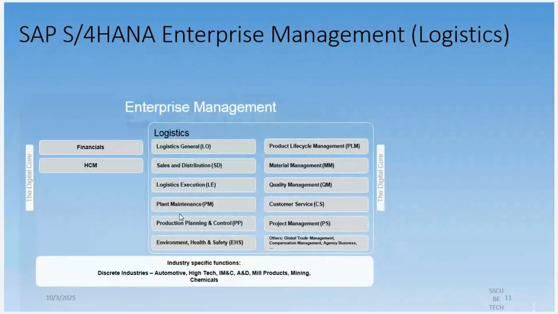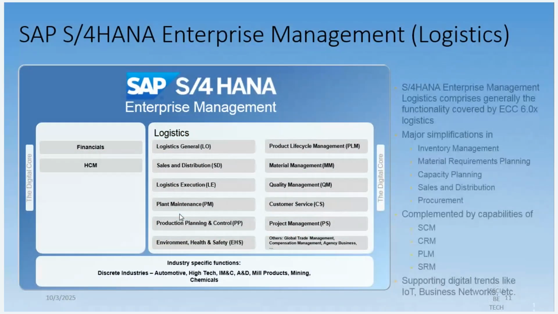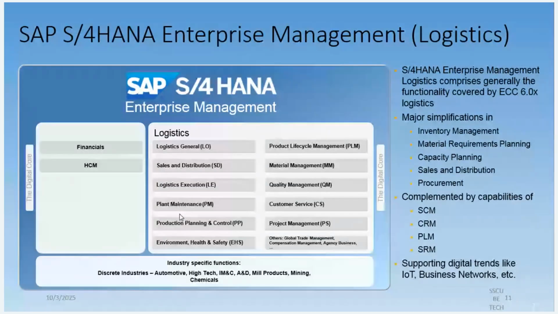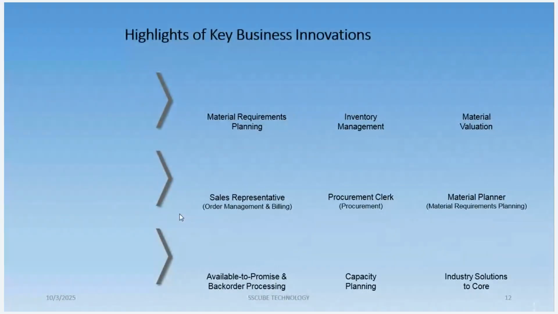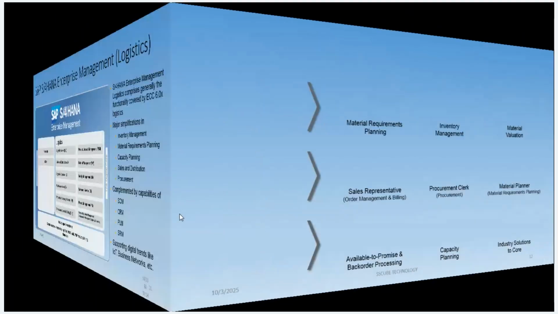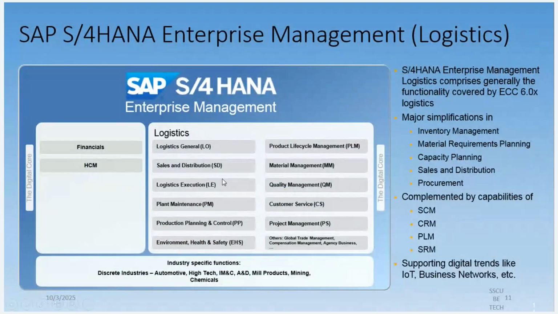Now this is about SAP industry solutions. Here the key part is enterprise management, logistics. When we talk about SAP S4 HANA Enterprise Management, all of these come under logistics. Earlier, logistics was a little small. Now, logistics is a very big area. So what modules are there?